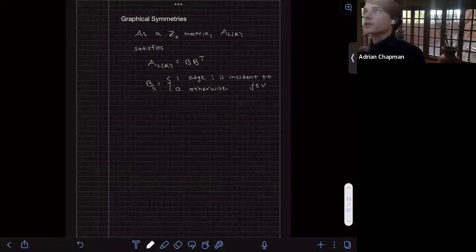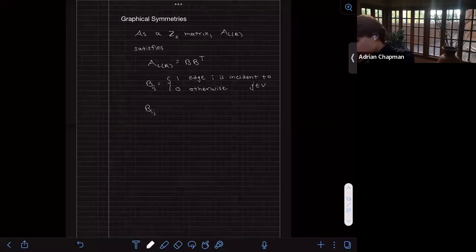What this factorization is essentially doing is counting mod 2 the number of vertices where a pair of edges could be incident, and any pair of edges can be incident at most at one vertex.